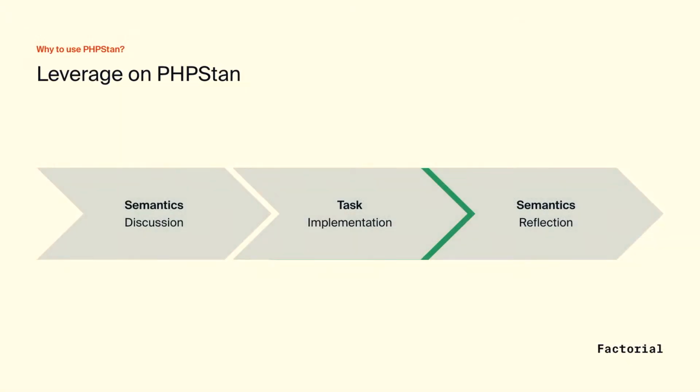And why do we want to do this? Because we want to turn this part also into semantics. I call this reflection. So if we don't have to care that much anymore about the syntax there, suddenly we can have discussions about why we're doing stuff like this. So why are we doing dependency injection? Why are we using interfaces?